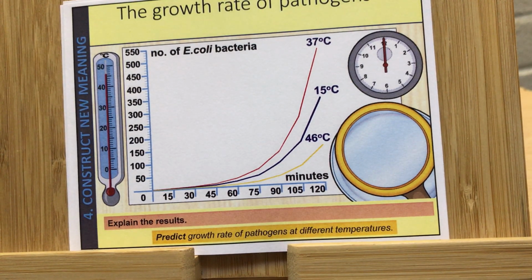Okay, and that's all to do with what we know about enzymes, denaturing of enzymes. So the best temperature, according to this graph, out of those 3 temperatures is 37 degrees C for bacteria to multiply. So inside our body, we're going to get rapid multiplication of those bacteria. Bacteria double roughly every 20 minutes.